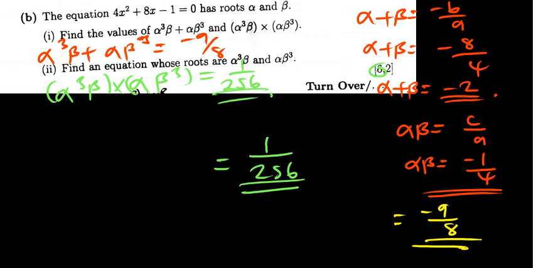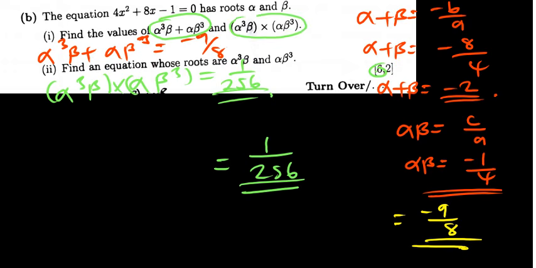We are on part 1, not part 2. We're talking about this. No, no, no. What you are talking about is the second question. So this one, they want us to find the values of this. This is more like the sum. This is the product.